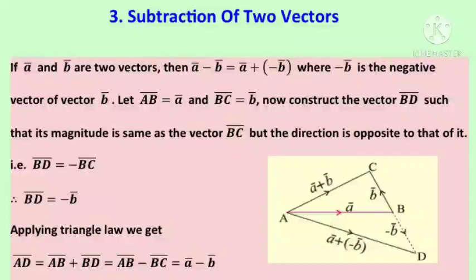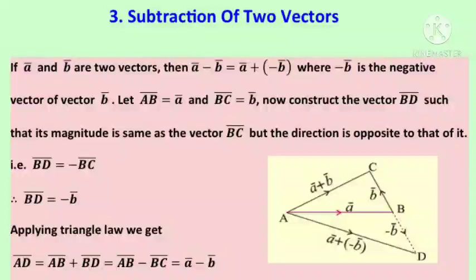Now in the diagram, see the triangle ABC. Along AB it is vector A bar, along BC it is vector B bar. Now you have to construct BD, that is, you have to extend this side BC such that the magnitude of BD is the same as BC but the direction is opposite.